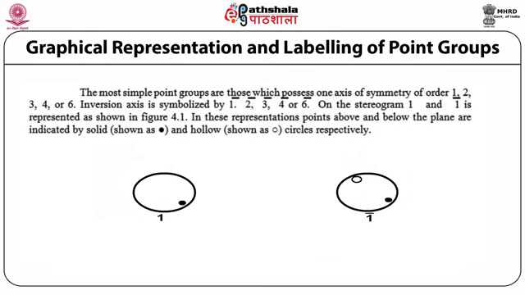On the stereogram, 1 and 1 bar are represented as shown in figure 4.1. In these representations, points above and below the plane are indicated by a solid circle and a hollow circle, respectively.